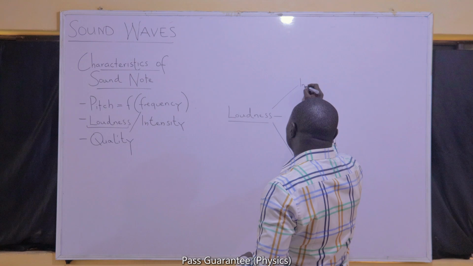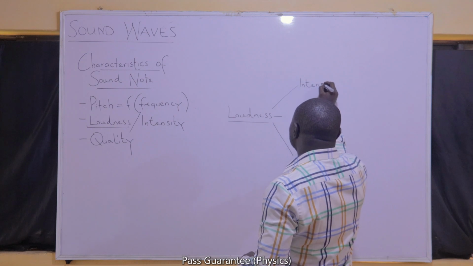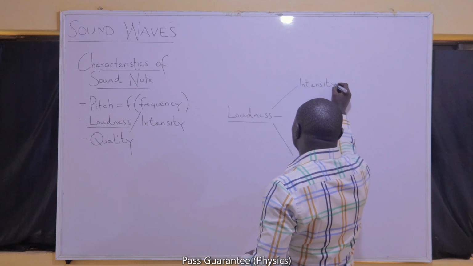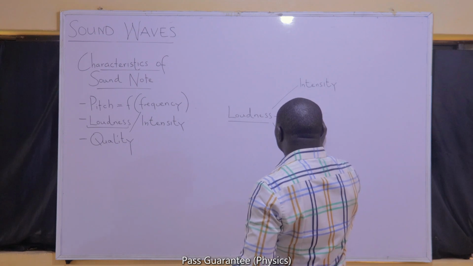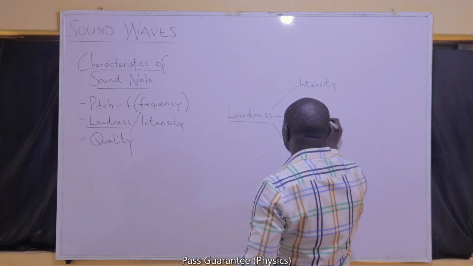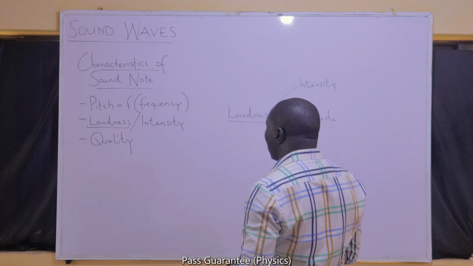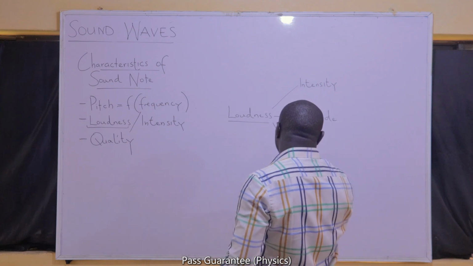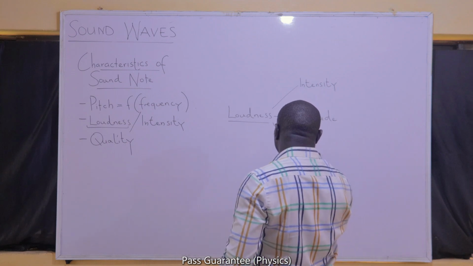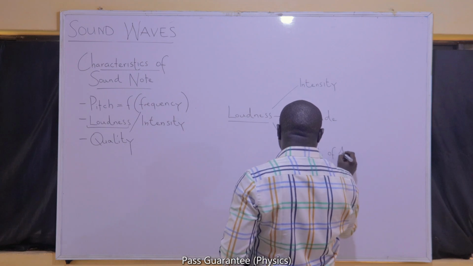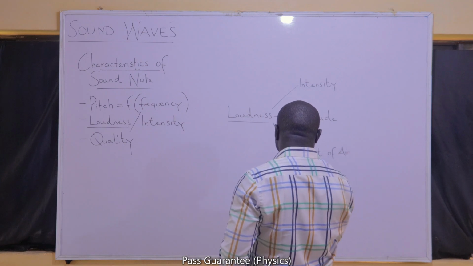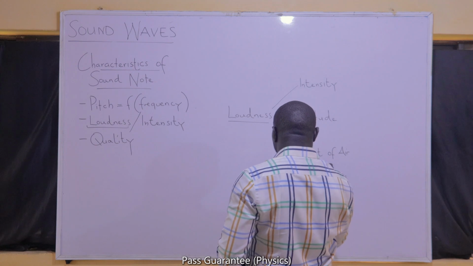Number 1, it is related to what we call intensity. Number 2, it is related to what is called the amplitude. And number 3, it is related to the amount of air that you can set into vibration.